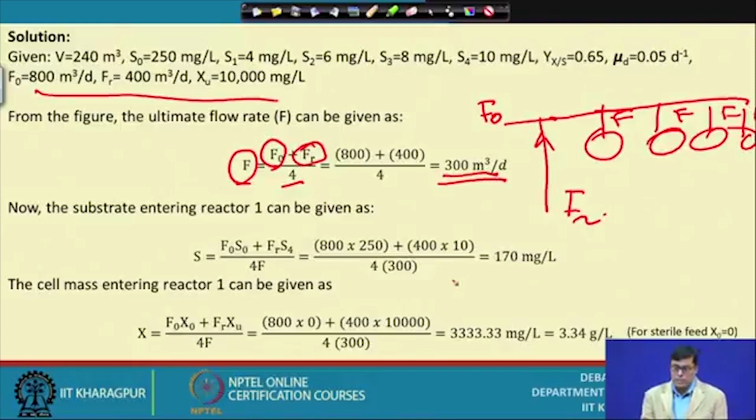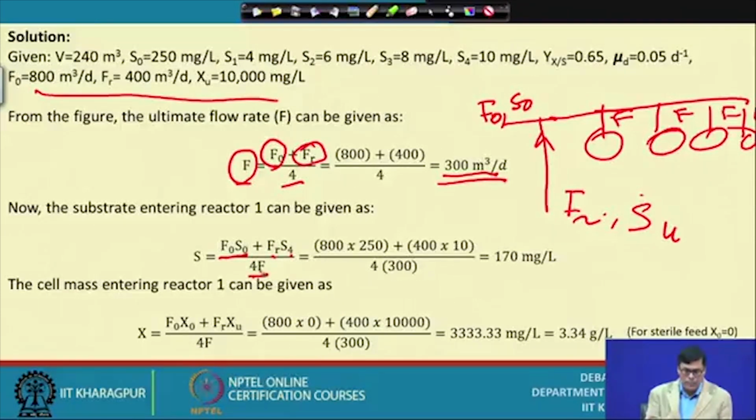Now, the question comes, what is the value of S? Here the S0 value, the substrate concentration in the feed, is 0, and here the substrate concentration is S. Now, S4, because it is coming from the fourth reactor. So, we can write F0 into S0 plus Fr into S4 divided by 4F, then we will get this value, that means 170 milligram per liter.